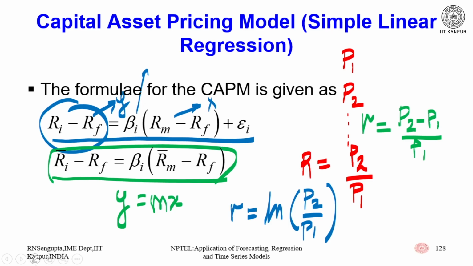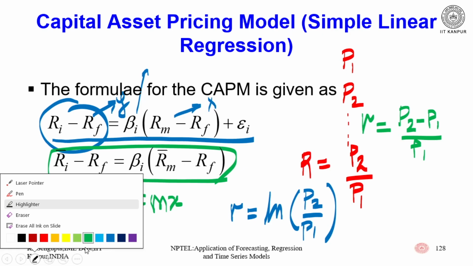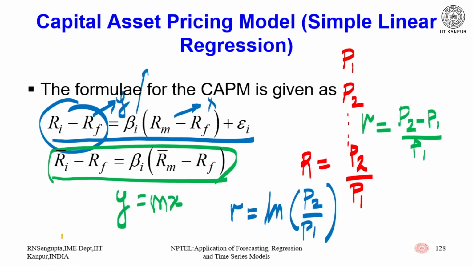If I have this equation, I will use, for example, the orange. From the green one I can have R i is equal to beta i into R bar m, and the terms which we already had.